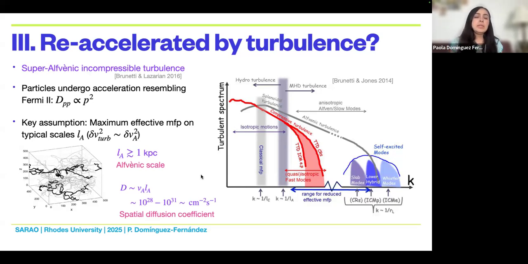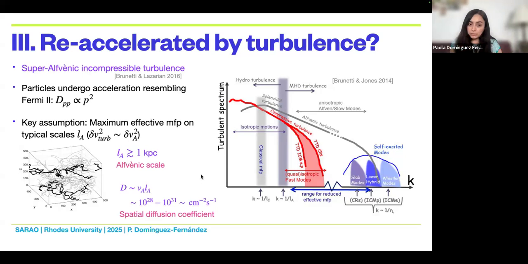The basic idea is that electrons could be reaccelerated if they interact stochastically with regions of reconnection and also dynamo. The final outcome is that the particles will undergo some acceleration that resembles a Fermi 2 type of mechanism. And here there is a key assumption, and that is that the effective mean free path of the particles could be as large as the Alfvenic scale.